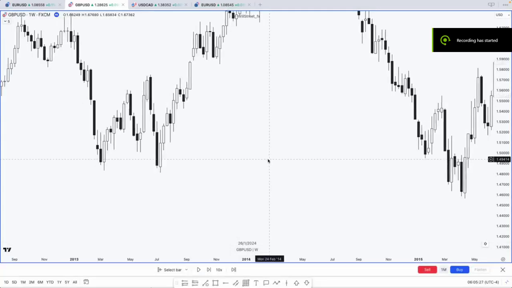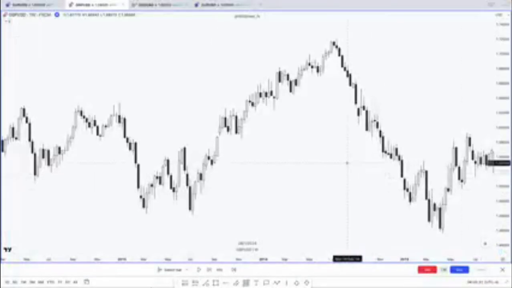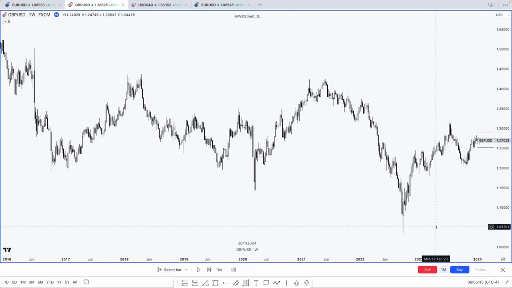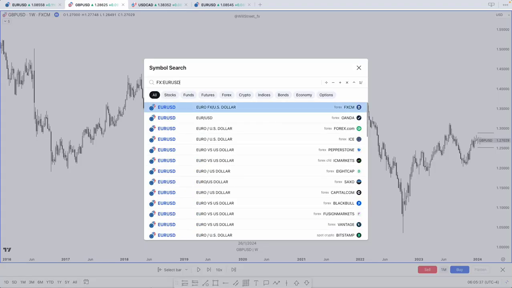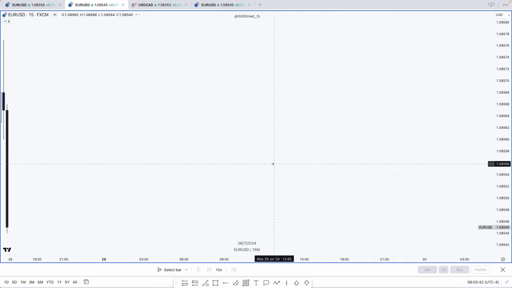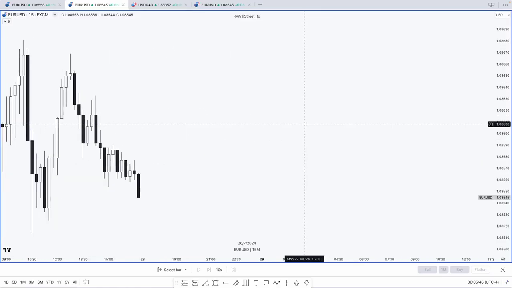All right, this video will be regarding the New York setups, okay? So it's really similar to the London setups because the candle formation is just the same.